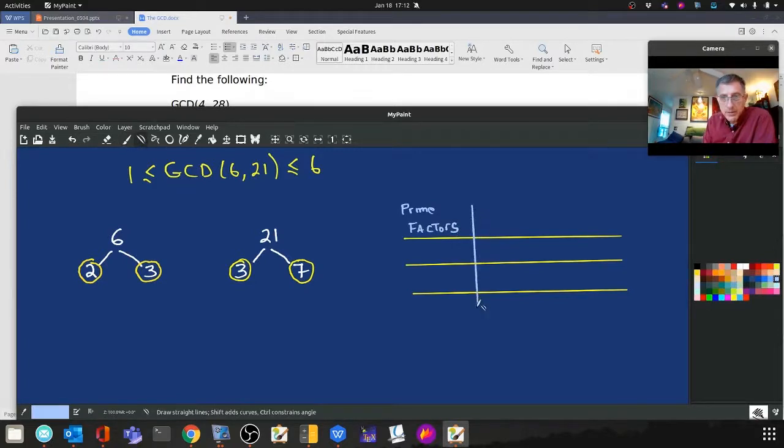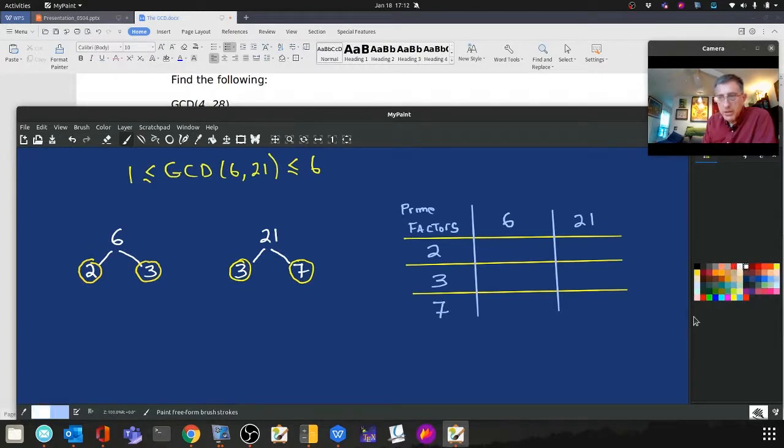And then I will have the first number 6 and the second number 21. So here are my prime factors. How many distinct prime factors do I have? Well, 2 occurs just once. There's a 3. And it doesn't matter that I have a 3 here and a 3 here. I'm just looking at the different prime factors. And then I have a 7.